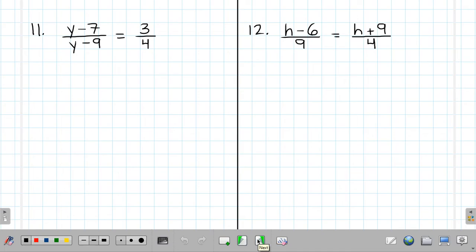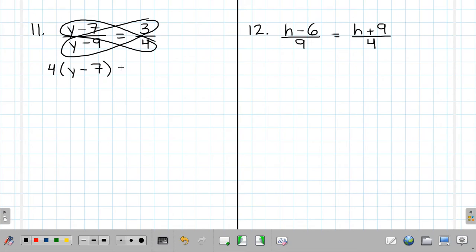So number 11, once again, going through here, cross multiply, same steps as always. Okay, so in this case, I'm going to do the 4 times y minus 7 first, and then the 3 times y minus 9.